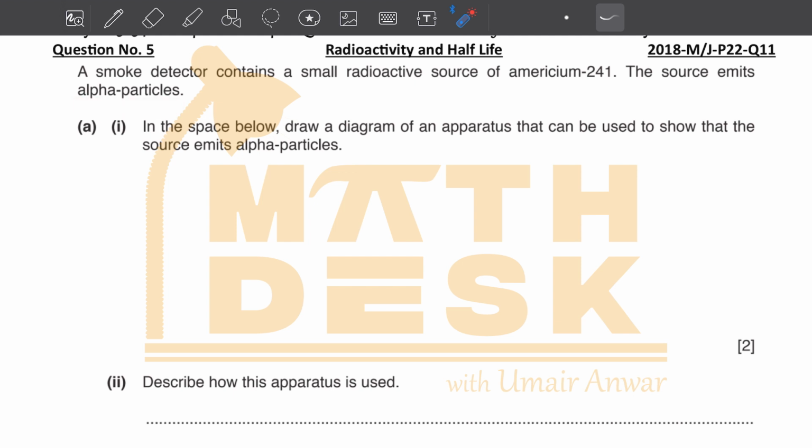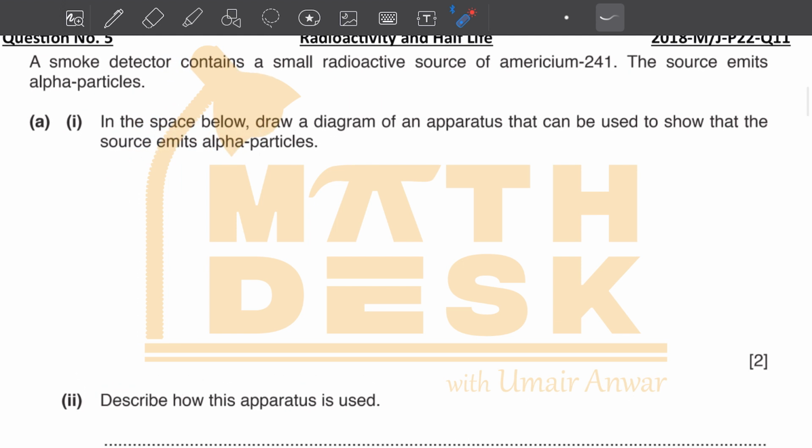The first part says, in the space below, draw a diagram of an apparatus that can be used to show that the source emits alpha particles. So not only is the source radioactive, but it is emitting alpha particles, and we have to make a diagram and show how we could detect that some source is emitting alpha particles.